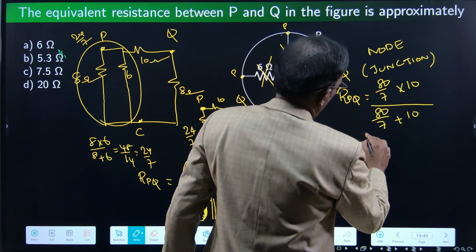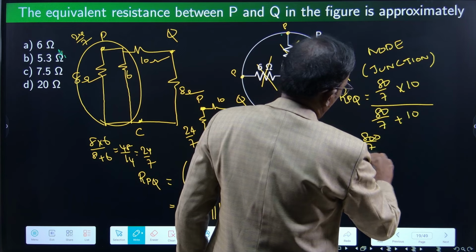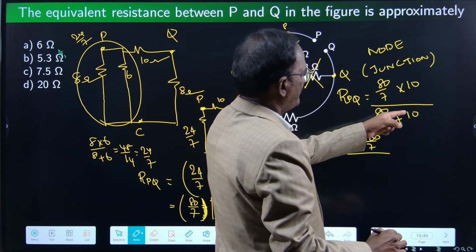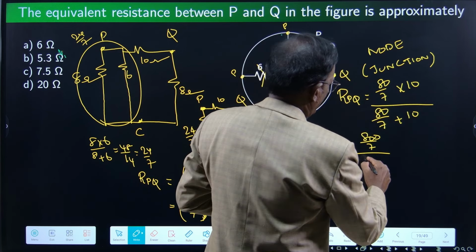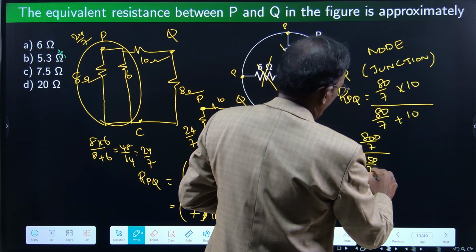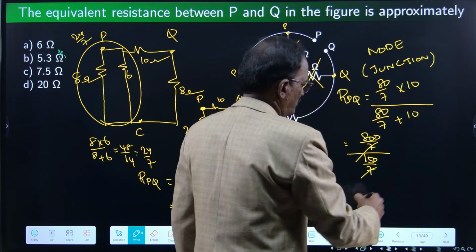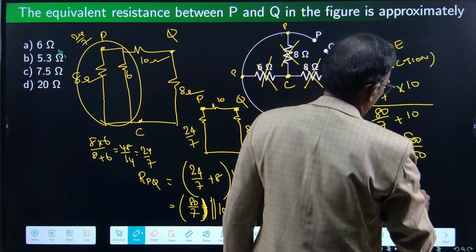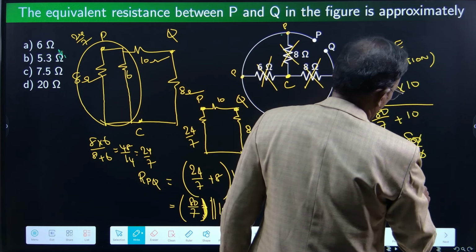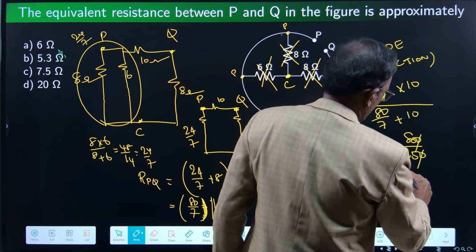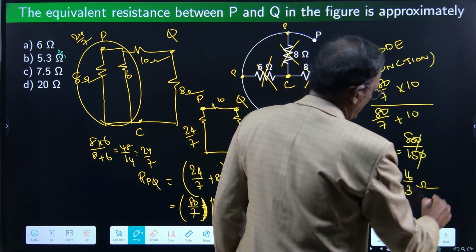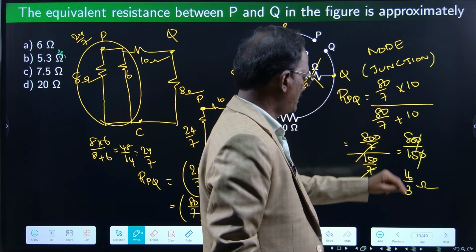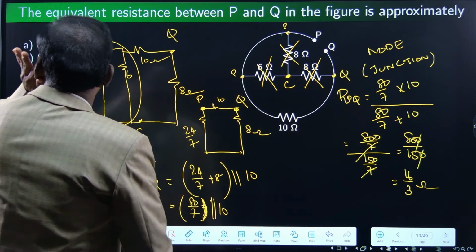So this is 800 by 7 divided by, 7 into 10, 70, 70 plus 80 is 150, 150 by 7. The 7s are removed. 800 upon 150. If you simplify it, this is 16 by 3. 16 5s are 80, 3 5s are 15. 16 by 3 is the answer.